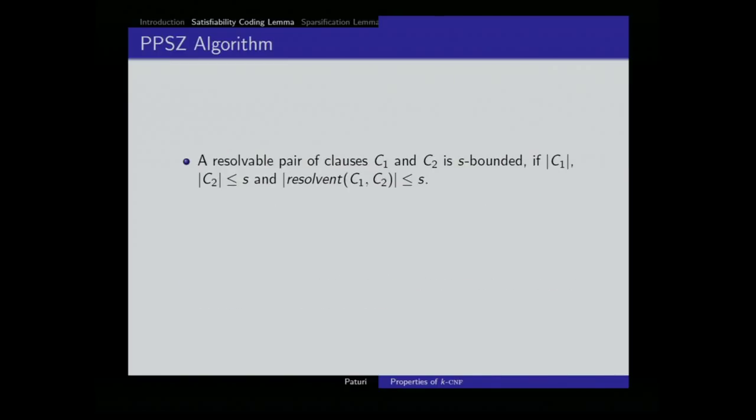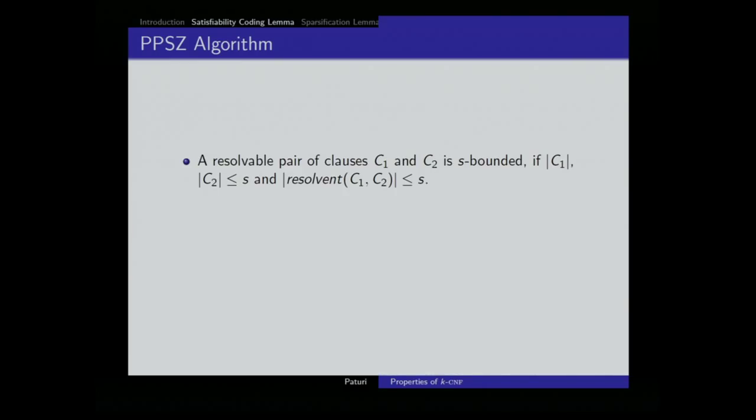So with that intuition, let me generalize the PPZ algorithm in the following way. We take the formula and do an S-bounded resolution before we start the PPZ algorithm. Then we take a random permutation and examine the bits in that order. Whenever we find a unit clause, we force that variable, taking it for free, and otherwise we guess the value.